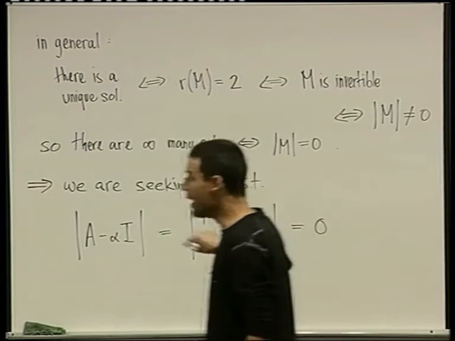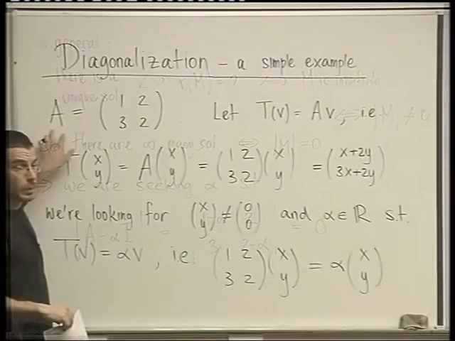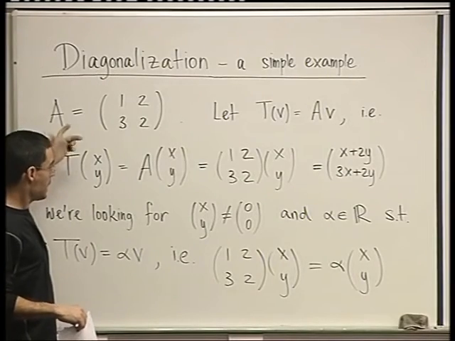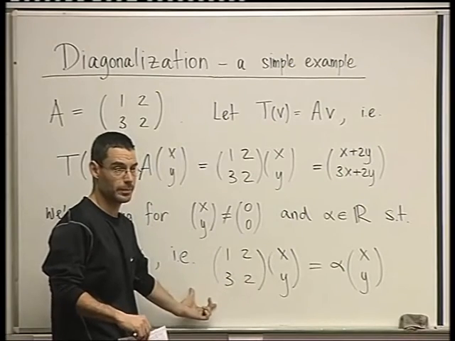So let's go back a second and look at it again. We started from a matrix A. An eigenvector is a vector that satisfies this. Right?